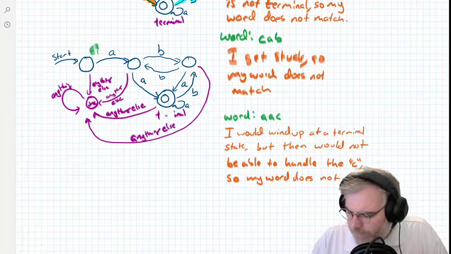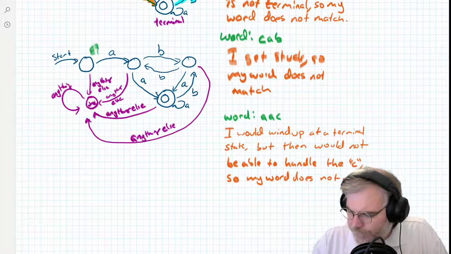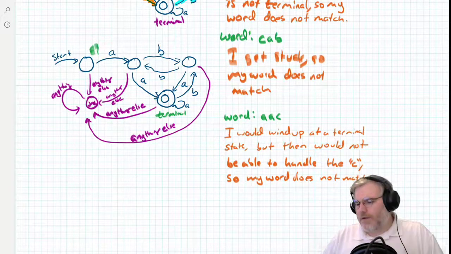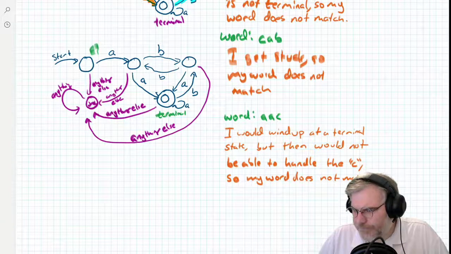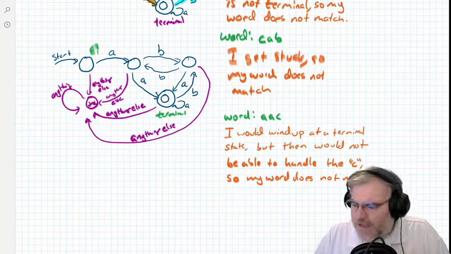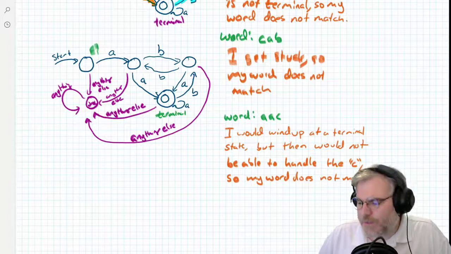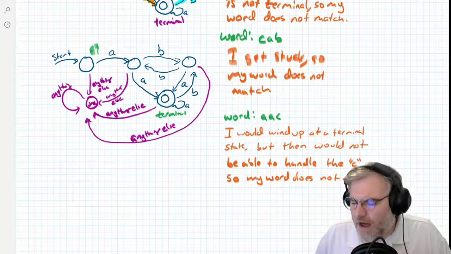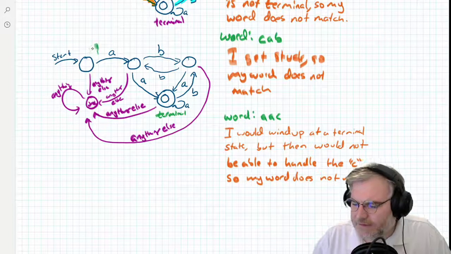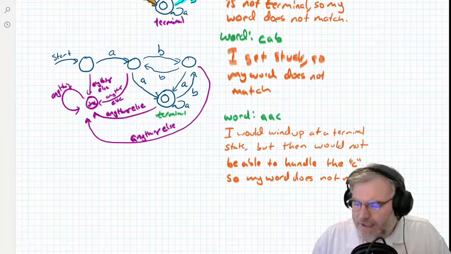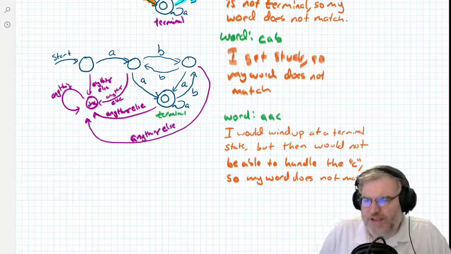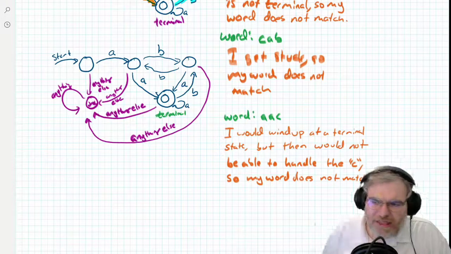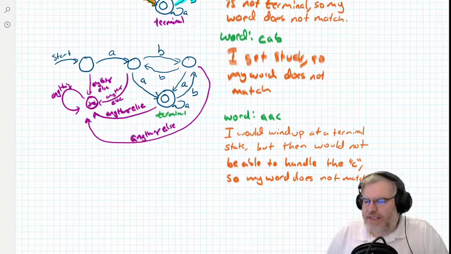Let me change the color of the word terminal here. Okay. And the junk is a non-terminal state, right? So if I feel uncomfortable with this idea of not being able to recognize C, I can put in a junk state, but I can exclude the junk state just because it always does the same thing.